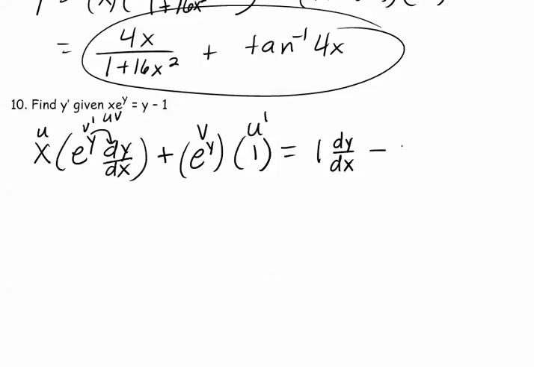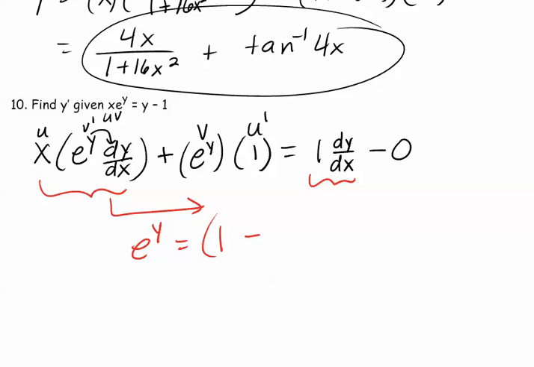And the derivative of negative 1 is 0. So we've got two terms here that have a dy dx. And both of them are positive, so it doesn't make much difference. We might as well keep the e to the y term on this side and move the dy dx terms to this side.